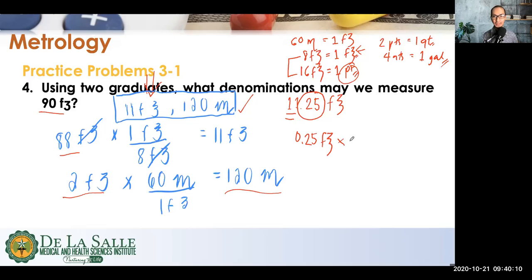You will now convert this to the next lower denomination. And the next lower denomination is fluid gram. Okay? Ayan. We know that 1 fluid ounce is equivalent to 8 fluid grams.